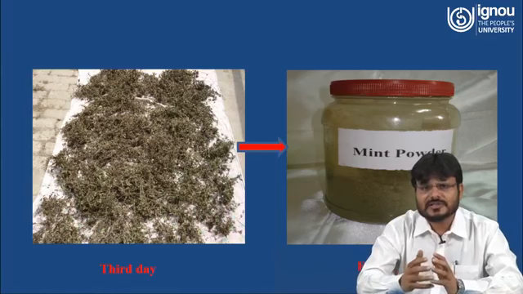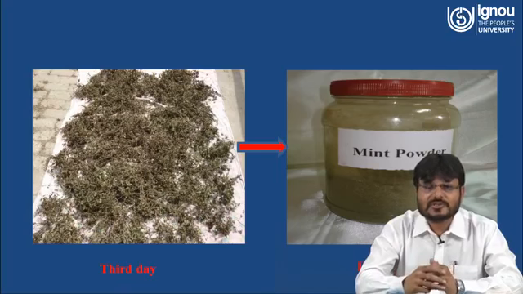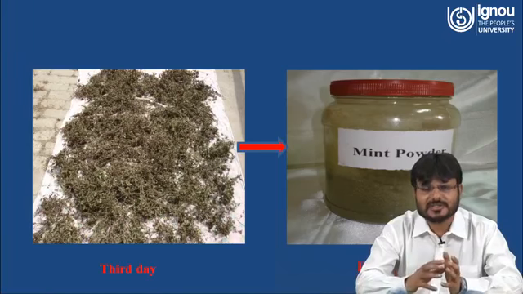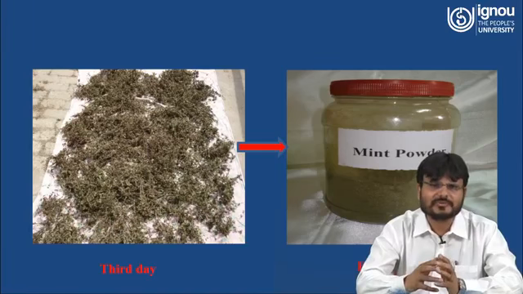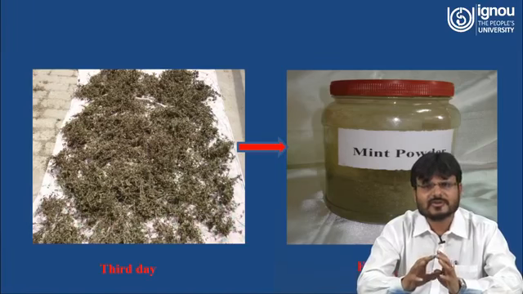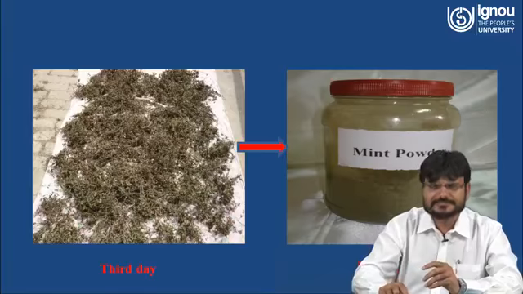If you are using the forced mode, this type of dryer is also called hybrid photovoltaic dryer, because hybrid means what? You are using two technologies, thermal and electrical, and to operate this DC fan you are using the PV module. So this is also called hybrid PV dryer.